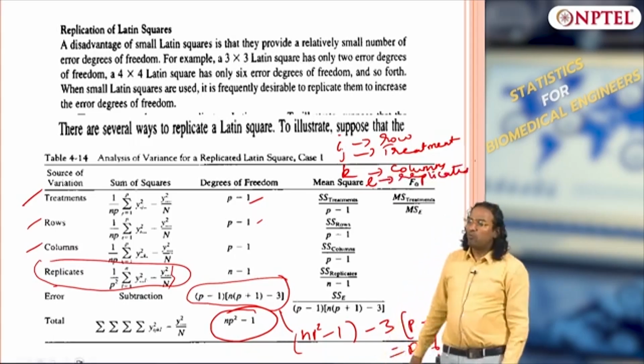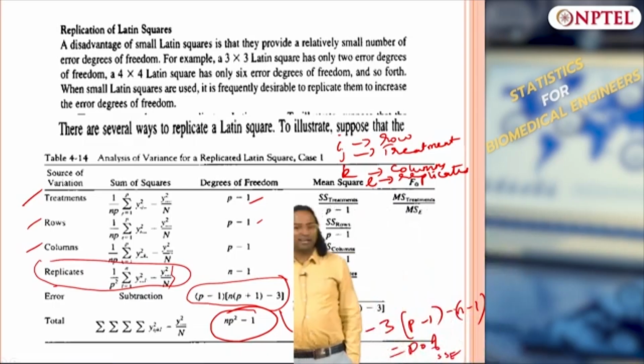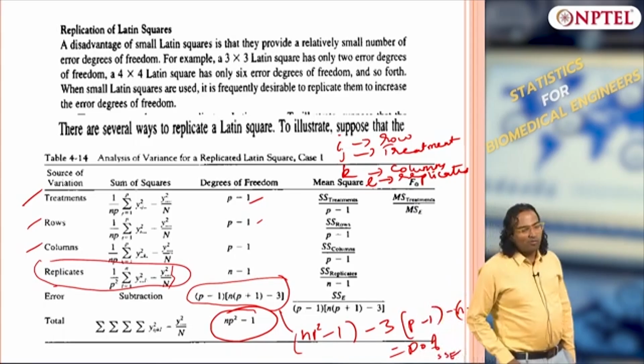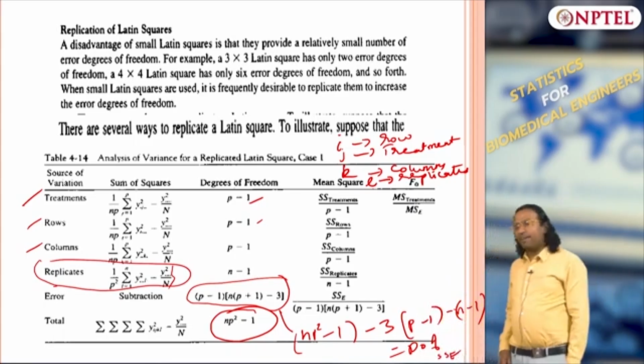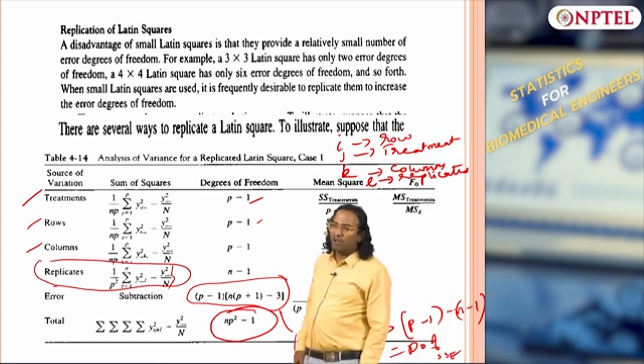So you have 4 indices. When you replicate, this has to be kept in mind, the replicate variation also has to be accounted for. That is why you will have 4 indices: I for rows, J for treatment, K for columns and L for replicates.